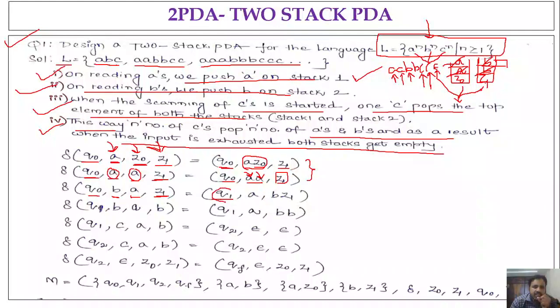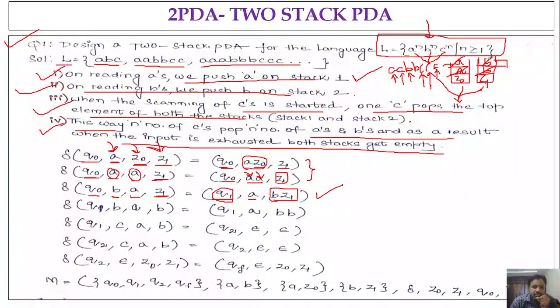So go to the state q1 comma, push the A that we have taken out from the stack 1, and next push B Z1 into the stack 2. Okay, because Z1 we have taken out for checking, so we have to push Z1 followed by the input B onto the stack 2.